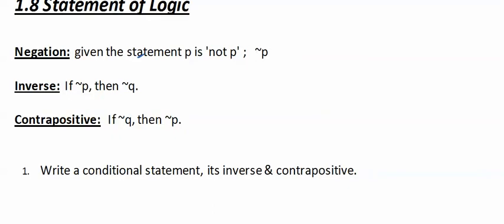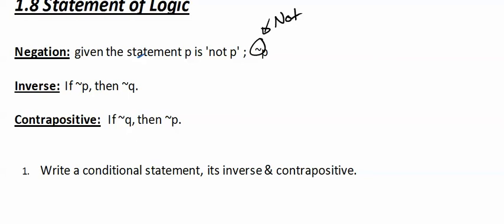In 1.8, we're going to look at some definitions having to do with conditional statements. The first one is a negation. The negation is simply negating your statement. Given the statement P, then the negation is not P. You see by that tilde sign right there, that implies not.